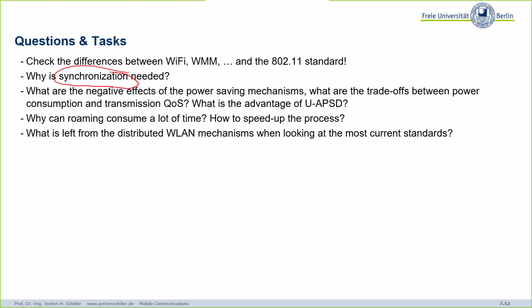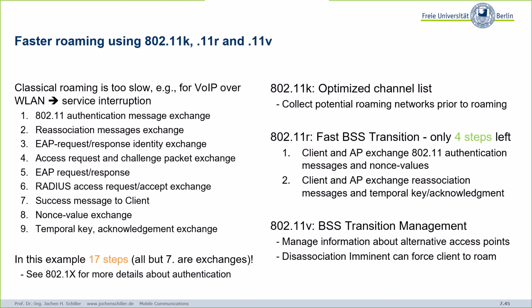Authentication, yes. So it takes a while until you receive a beacon, and then you have to perform what I showed you here without, again, going into all details, but there are many steps, and that's an enterprise network, just an example, many steps needed for authentication before you're allowed to participate. And this is why your smartphone follows these three standards, K, R, and V, all integrated now in the 802.11.